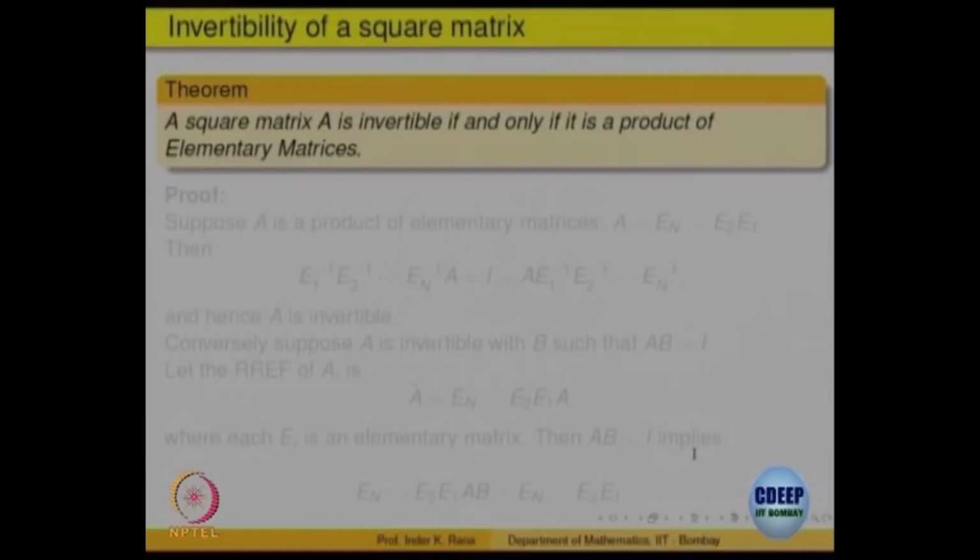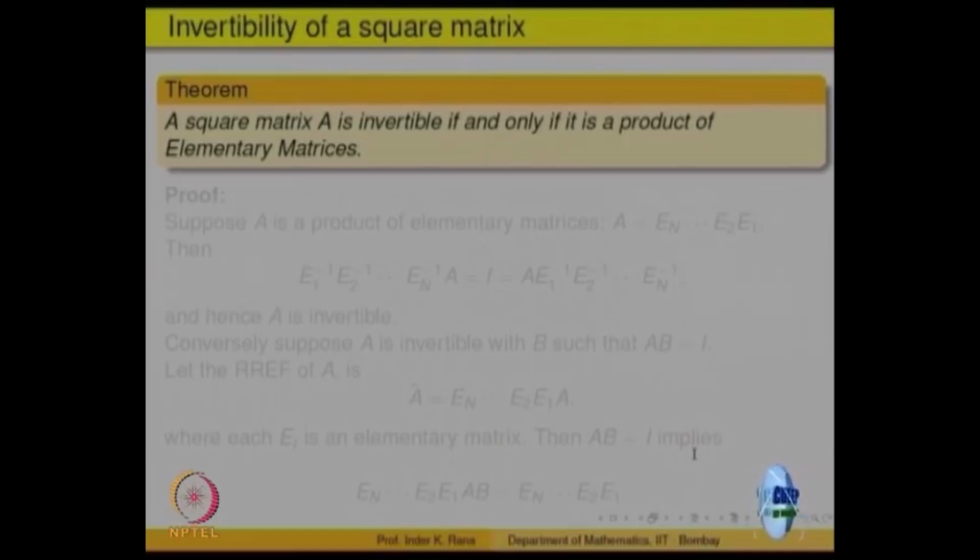Now let us start relating invertibility with elementary matrices. The theorem says a square matrix A is invertible if and only if, which is a necessary and sufficient condition, it is a product of elementary matrices.